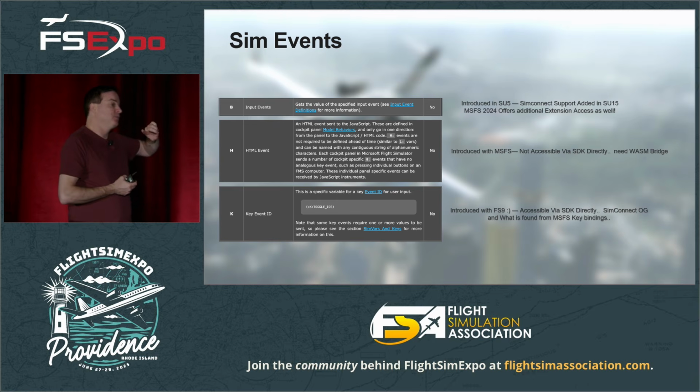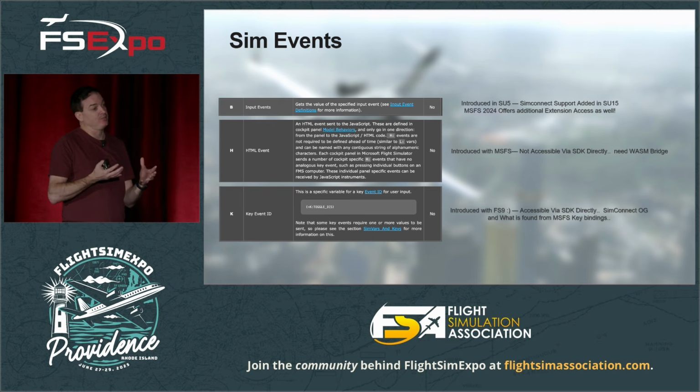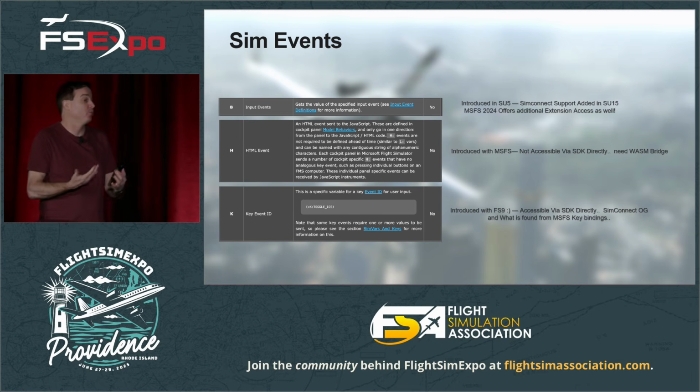This is what came late in 2020. It was actually SU5. And it's when we lost a lot of control, because until basically software update 15, we had no access through SimConnect to B events. As the developers bound it all, because you tie it directly to the animation in the project, they could bypass having to go to SimConnect, having to write some stuff, and that made it more efficient.